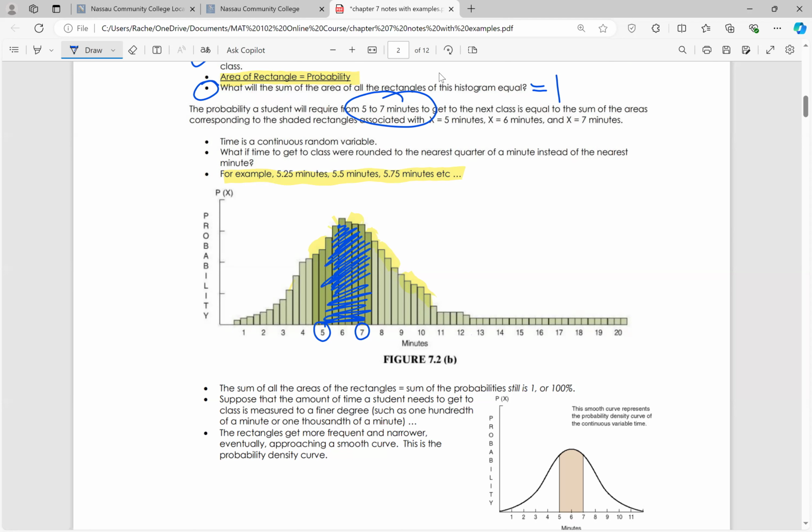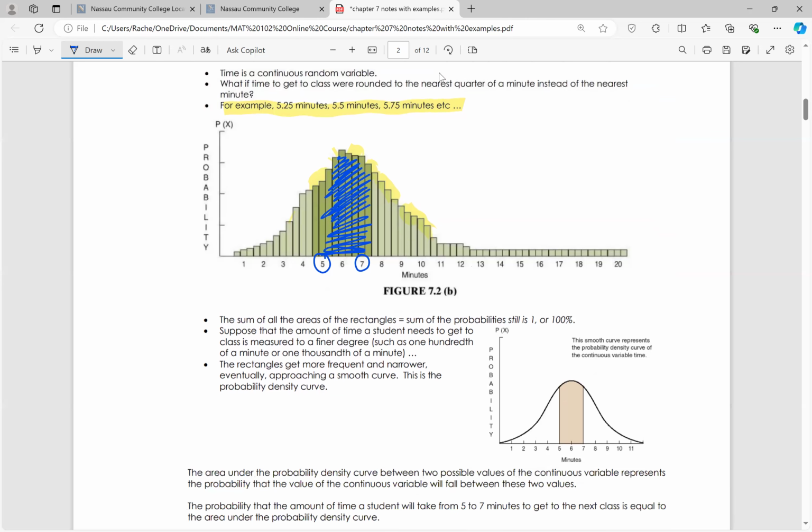But as we break down time to a finer degree, for example, we could break down time into tenths. So we could go 5, 5.1, 5.2, 5.3. Then my rectangles are going to be even thinner and I'm going to have more of them. I could break down time into thousandths of a minute and so on and so forth.